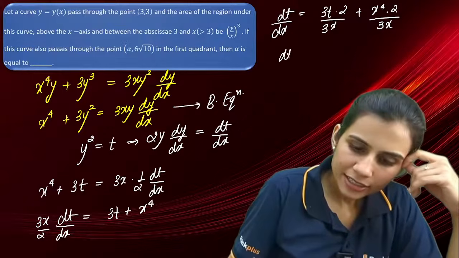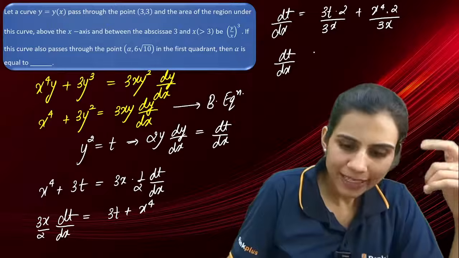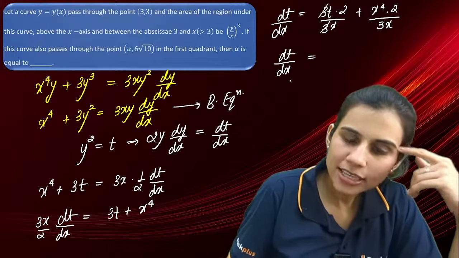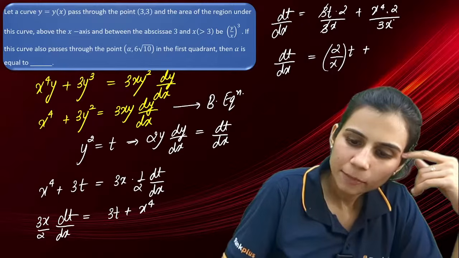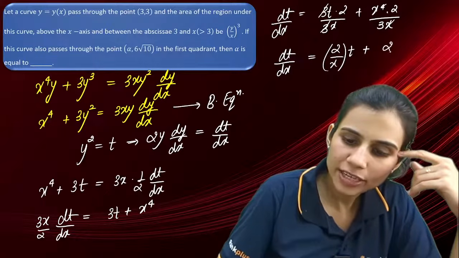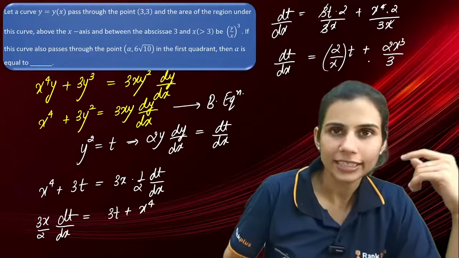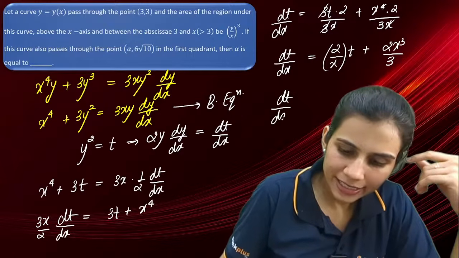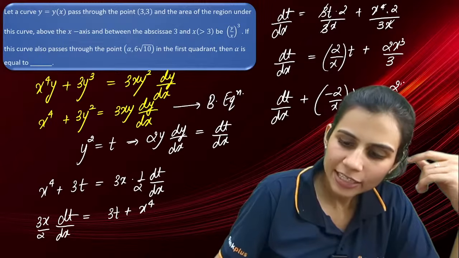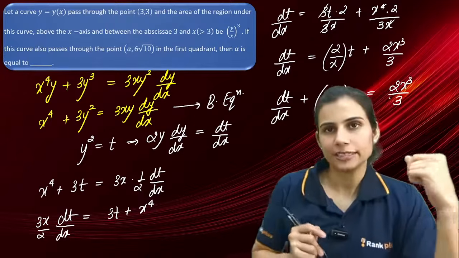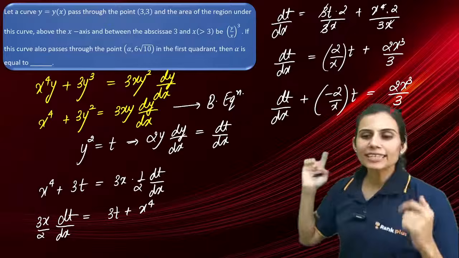What do you get? Coefficient of dt by dx is 1. 3 cancels out. You get 2 by x into t, plus x cancels out, you get 2x cube by 3. Basically, this is dt by dx minus 2 by x times t is equal to 2x cube by 3. Now it's a perfect linear differential equation.